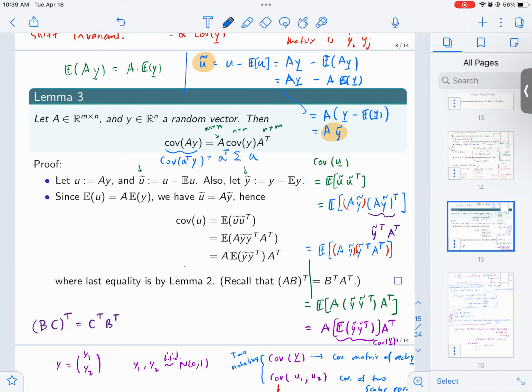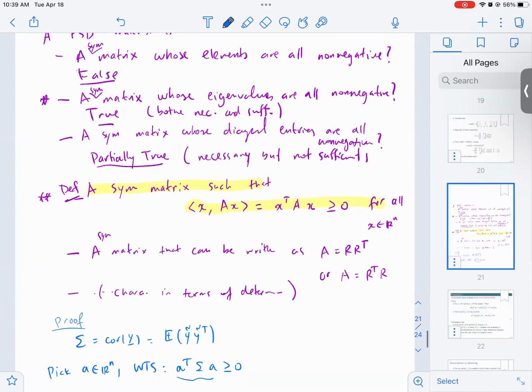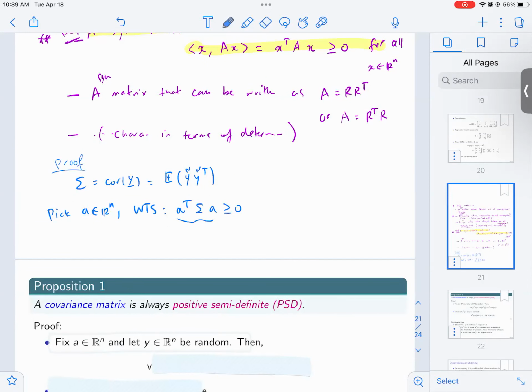Applying this property with capital A being A transpose shows that the variance of A transpose Y is A transpose sigma A, where sigma is the covariance of Y. Because the variance is non-negative, this has to be non-negative for all A.